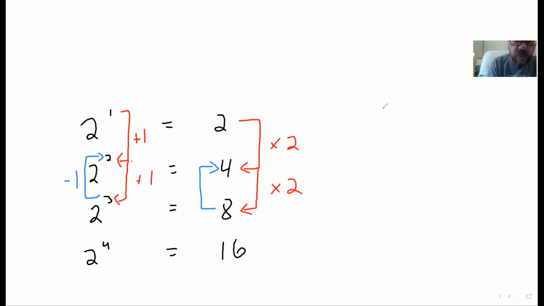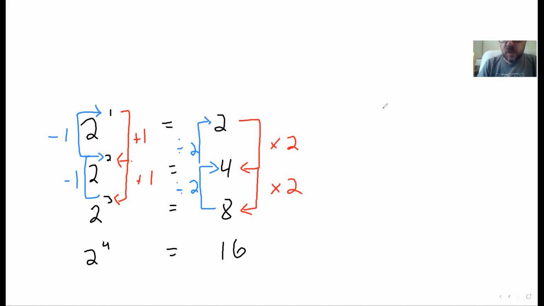So when I go negative 1, when I'm decreasing the exponent, that makes this divide by 2 instead of multiply. Same thing again, of course. Minus 1, divide by 2. The reason I bring this up is that I want to continue this pattern.